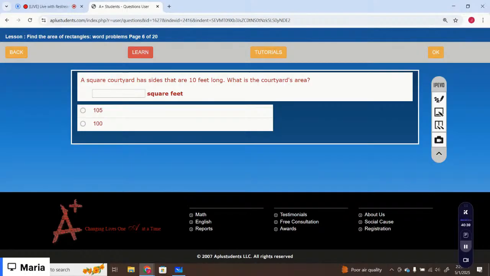A square courtyard has sides that are 10 feet long. What is the courtyard's area? Which is the correct option?